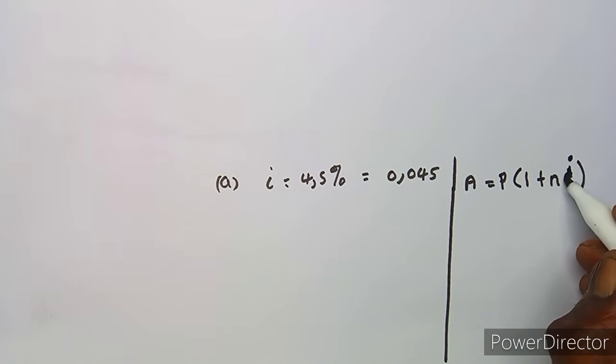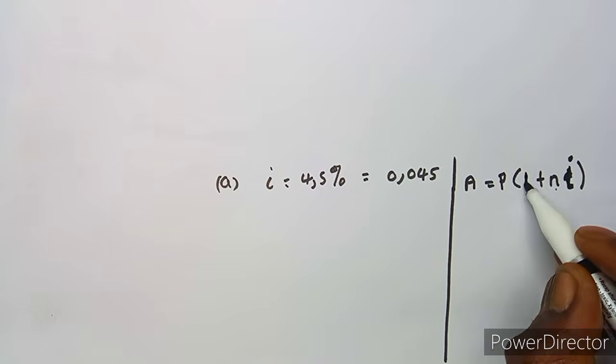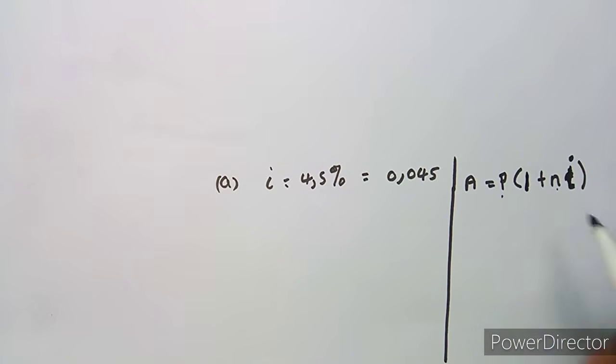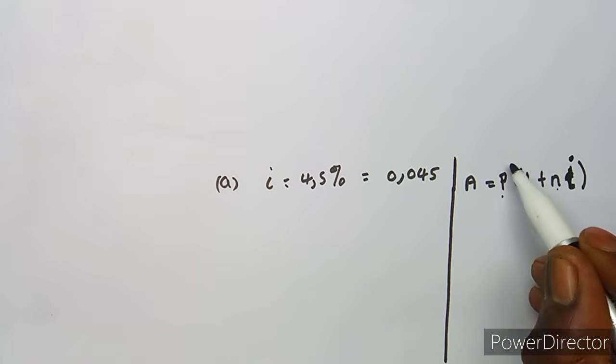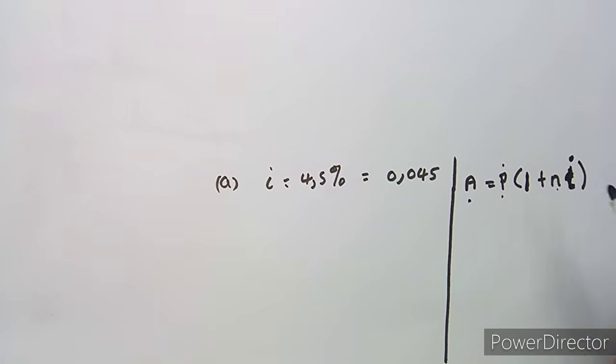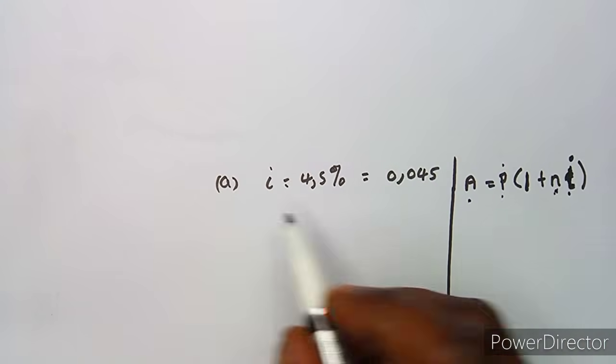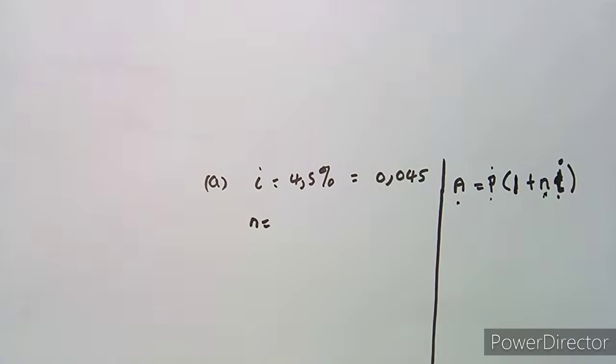NI here, not NT, because this N is going to be the number of years, then this I is our interest. So we've got 1 in this case. P is your principal, that is the money invested. A is the total amount, N is the number of years, and I is your interest rate. So N, I'm going to put as my number of years.